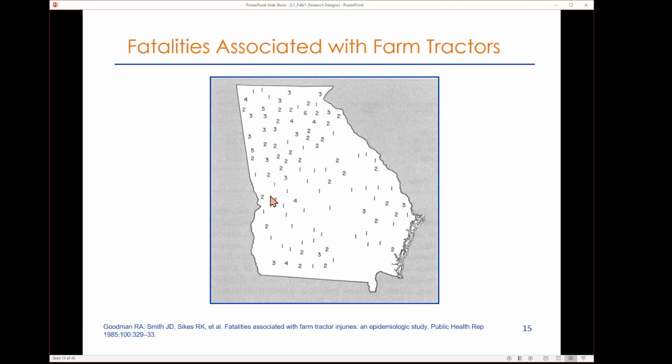So you can develop the hypothesis that most of the incidents will occur in the northern part of Georgia, and it may be due to the geological structure of this state, because these are plain areas and a little bit mountainous area here. So this example shows you how you can use descriptive summaries or descriptive studies to develop a hypothesis.